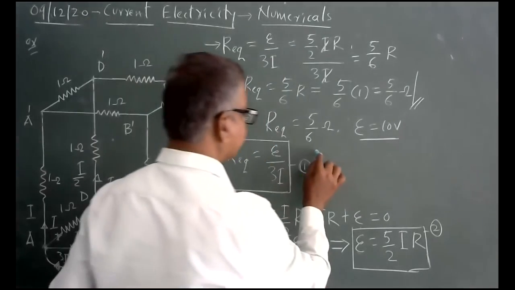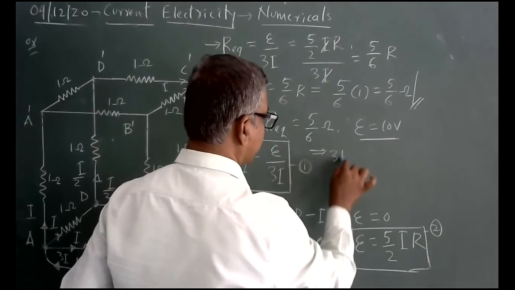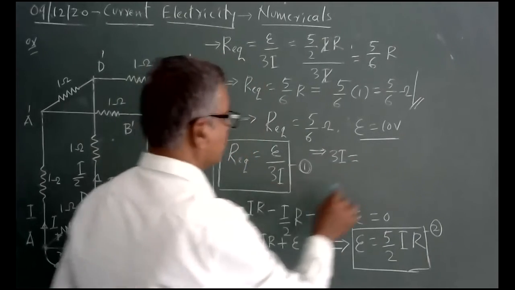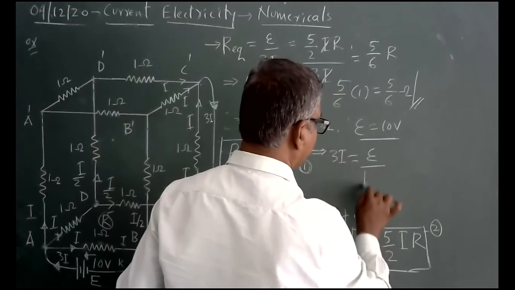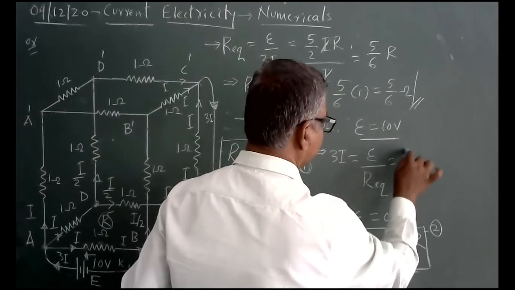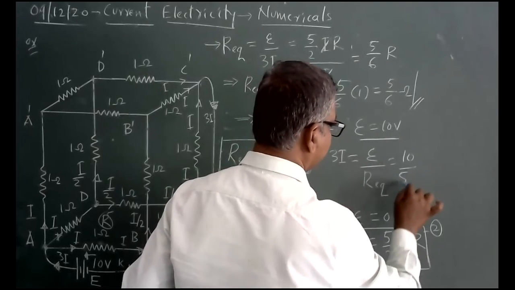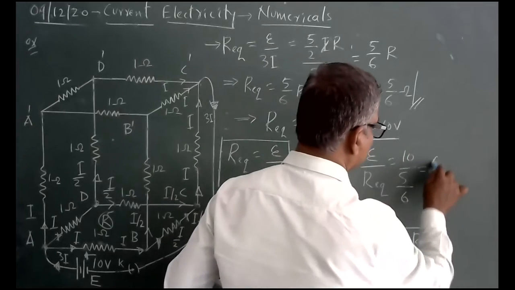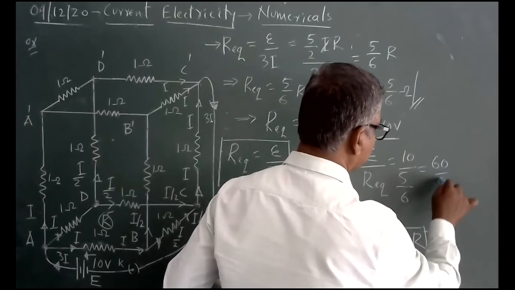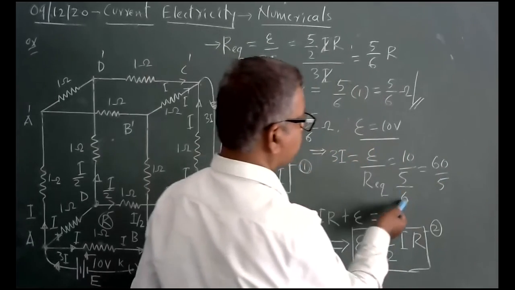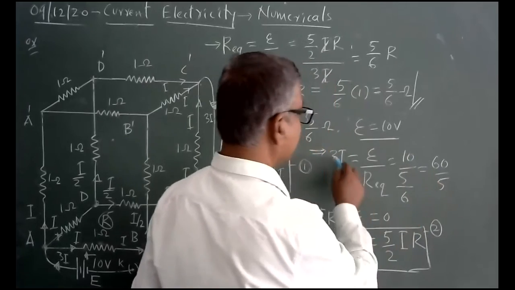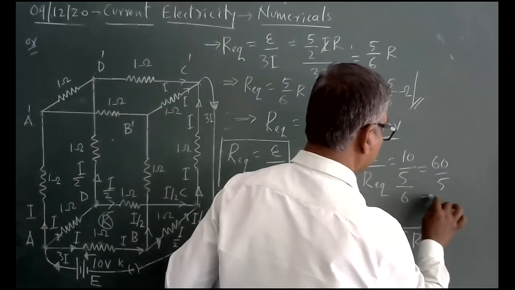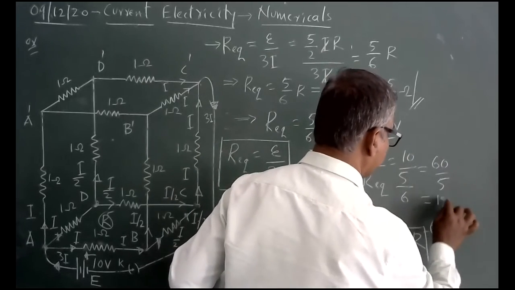Then this formula 1 becomes 3I is equivalent to EMF divided by R equivalent. EMF is 10, this is 5 by 6. So finally it becomes 60 upon 5, which is equivalent to 12.